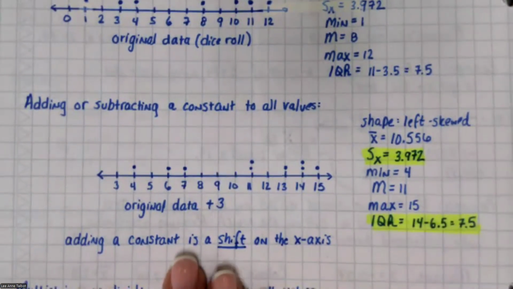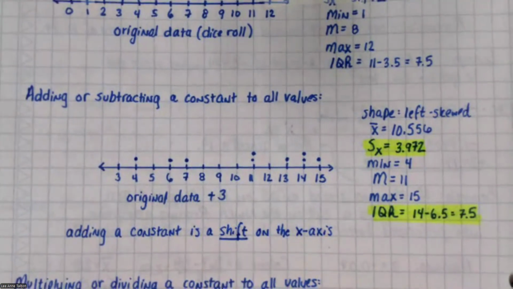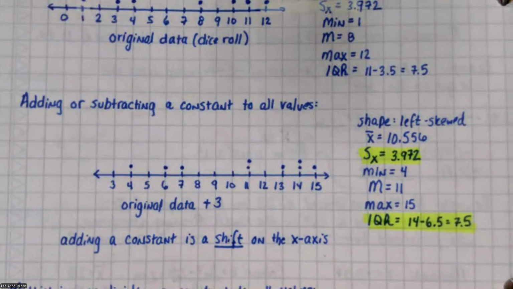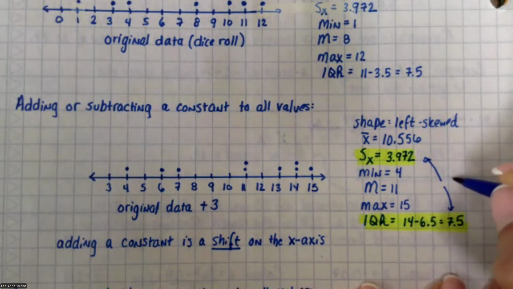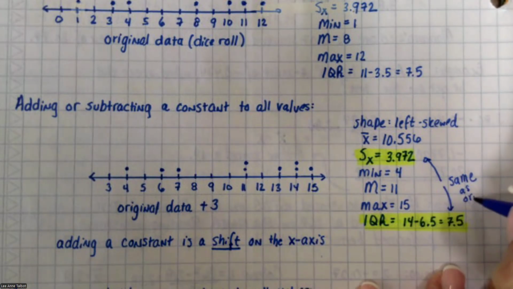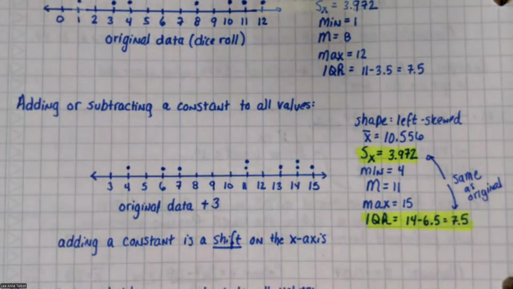And then I'm going to add right here that adding a constant is a shift on the x-axis. So these two are the same as the original data.